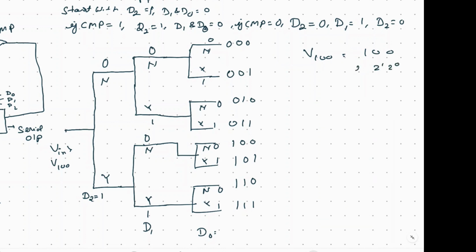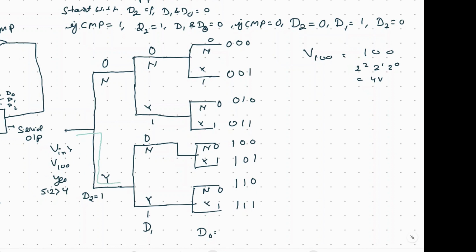Correspondingly, let's say the analog output will be 2 to the power 2, 2 to the power 1, 2 to the power 0, which comes out to be 4 volt. So is 5.2 volt greater than 4 volt, that is V100? The answer is yes, so it will go downside. So D2 is set at 1.